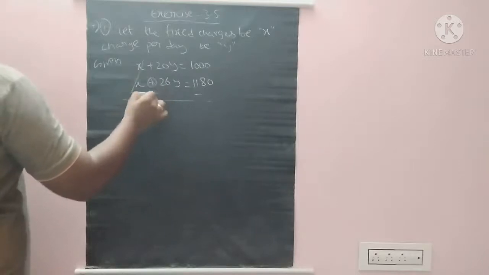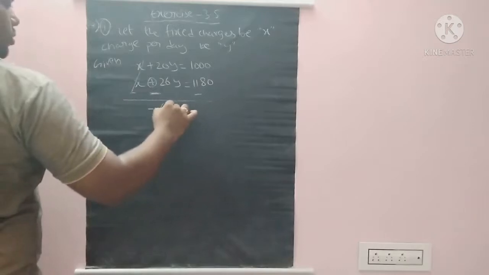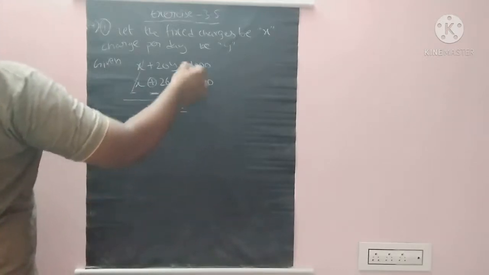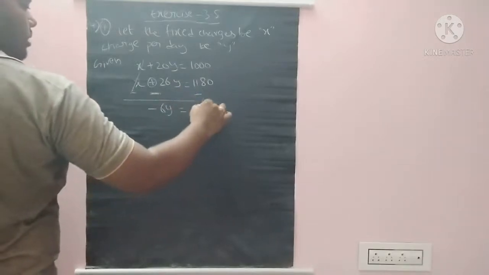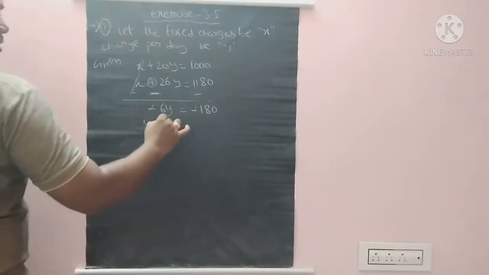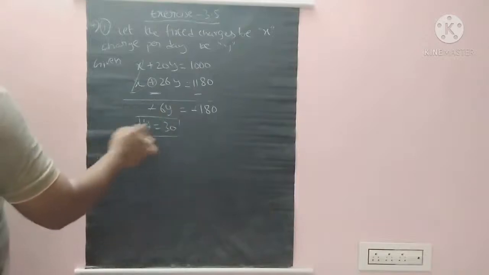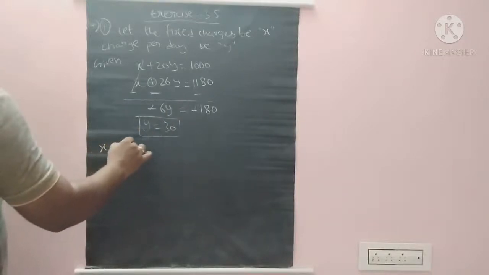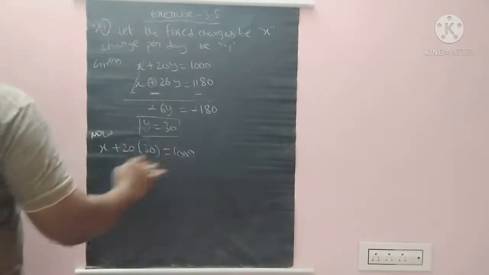Subtracting, minus 26y plus 20y, so minus 6y equals minus 1180 plus 1000. This will be minus 180. So minus minus cancel, and y equals 30. Y equals 30 is the cost of food per day. Now x plus 20 into 30 equals 1000.